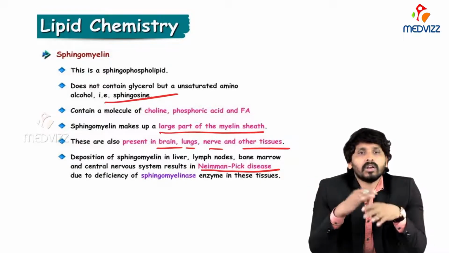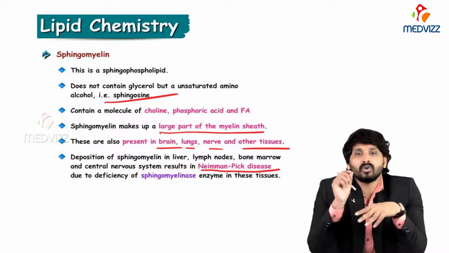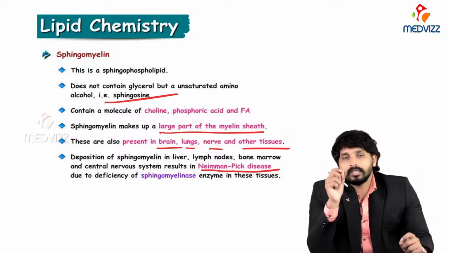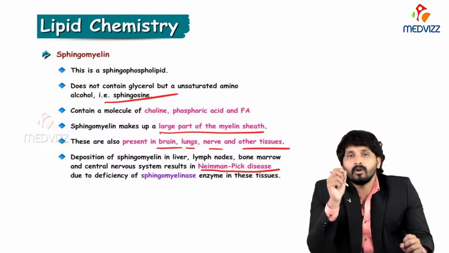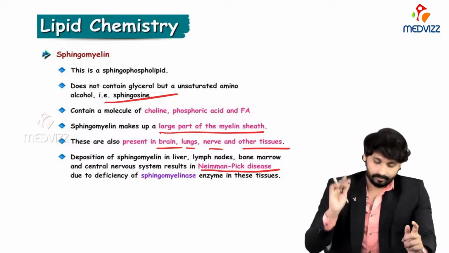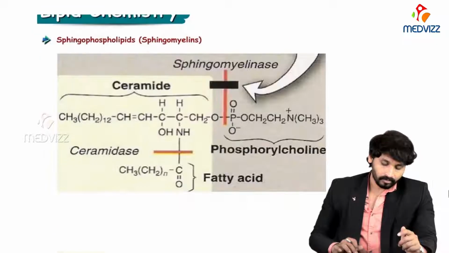So what happens if they are not degraded? They start accumulating in particular parts and cause a lipid storage disorder, Niemann-Pick disease. It is one of the rarest diseases and comes under genetically inborn errors, because of the absence of the enzyme sphingomyelinase. That is the significance of sphingomyelins.